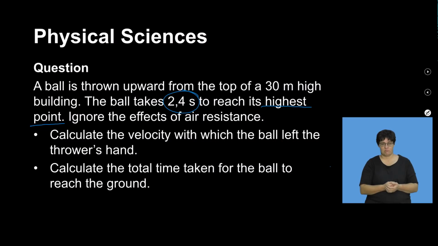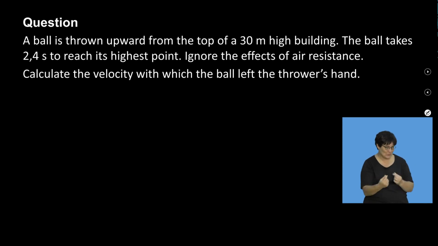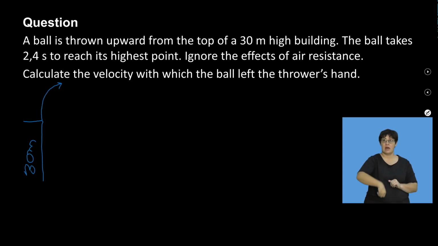Then they ask you, calculate the velocity with which the ball left the thrower's hand. In other words, initial velocity. And then calculate total time. We're going to show you a trick to that. Here we go. First thing that we've got, here's my building, which is 30 meters. My ball gets thrown up.